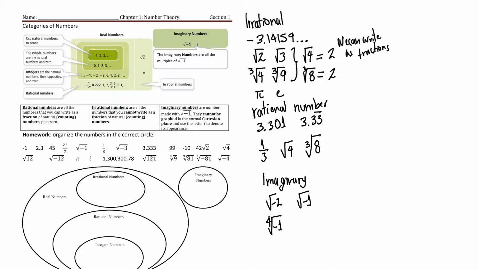We have to use a different coordinate plane to be able to graph them. And for our purposes, it also means that there is no solution. Things like 2i and 2 square root of negative 1 are also imaginary numbers. Anything with a multiple of square root of negative 1 as we simplify it will be an imaginary number.